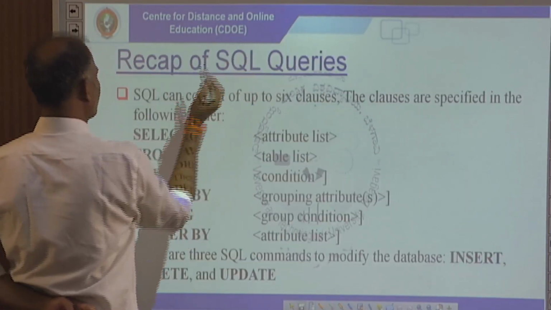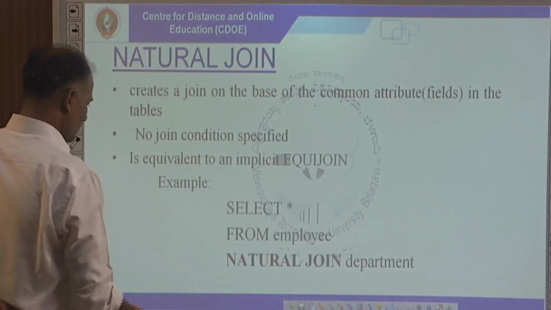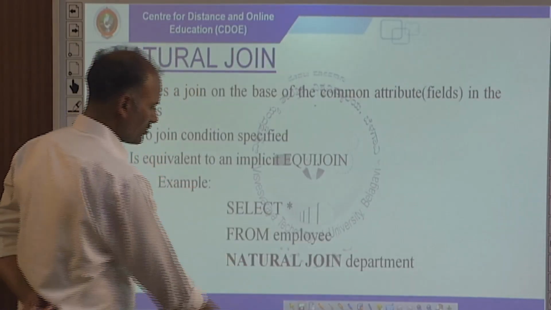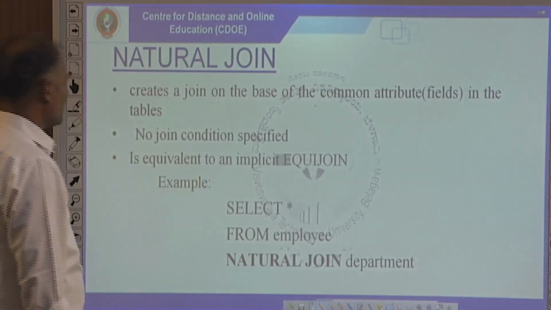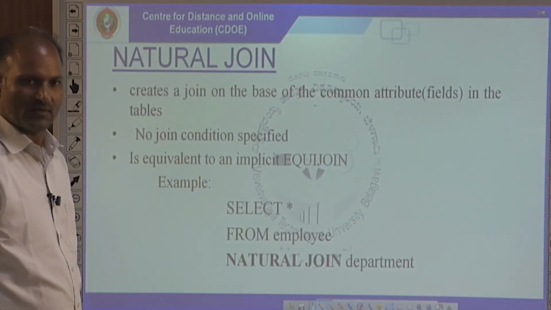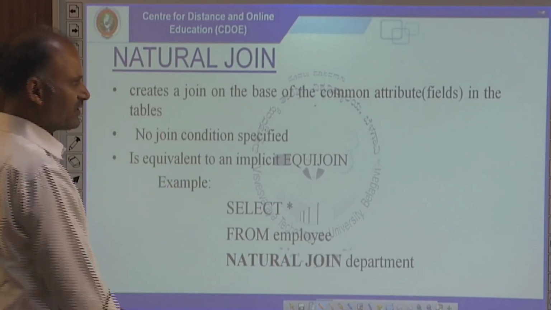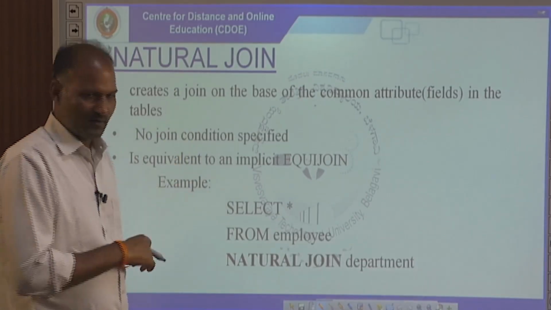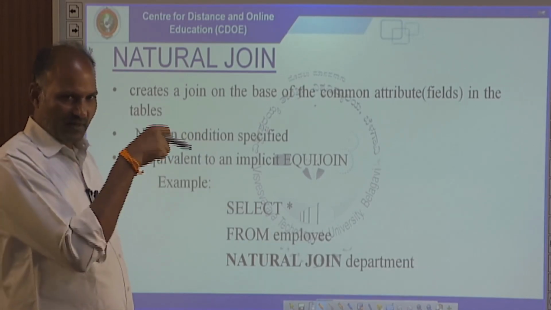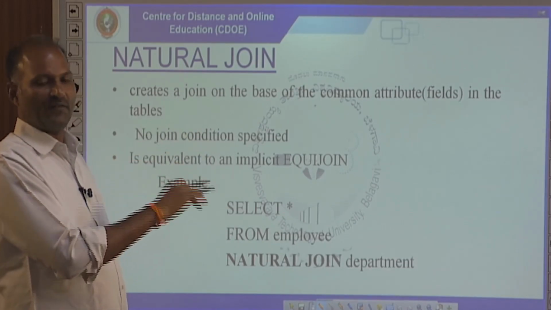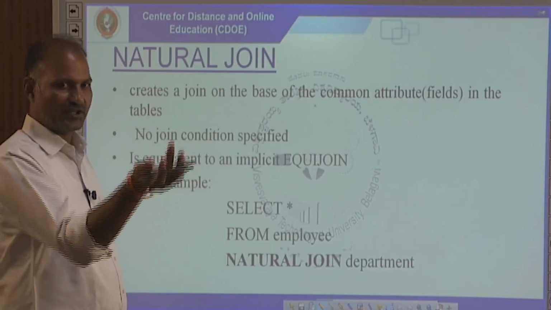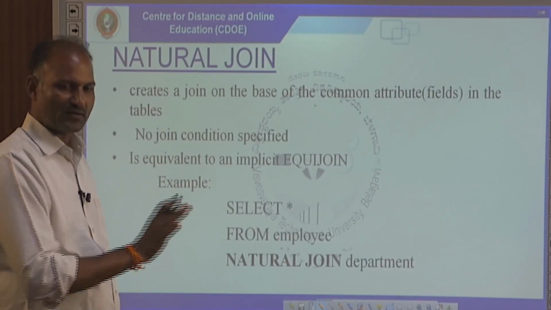The natural join. Natural joins are nothing but joins that are similar to inner join, but it is the default. But what do you do in, say, an inner join? We are going to specify the column from the left table and the column from the right table, then we are performing the join, isn't it?